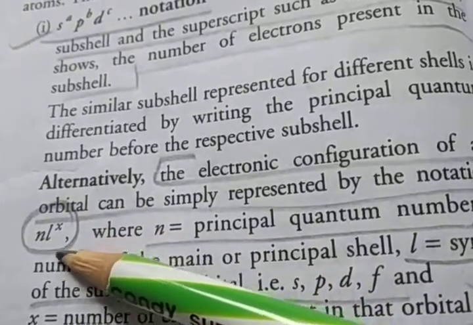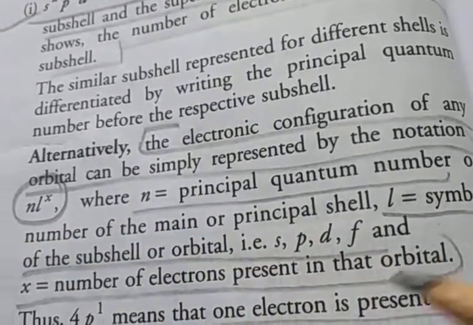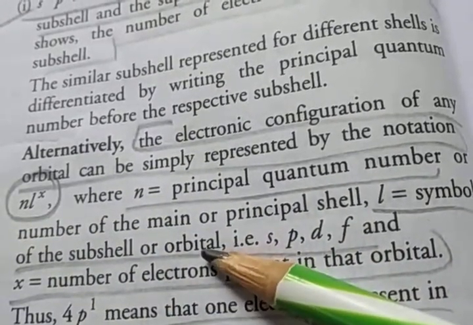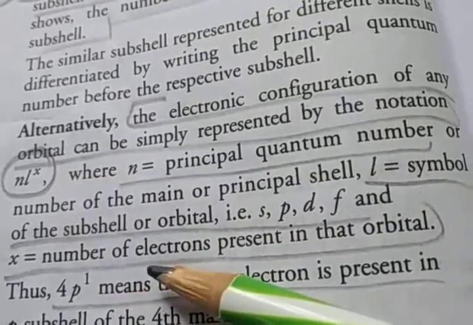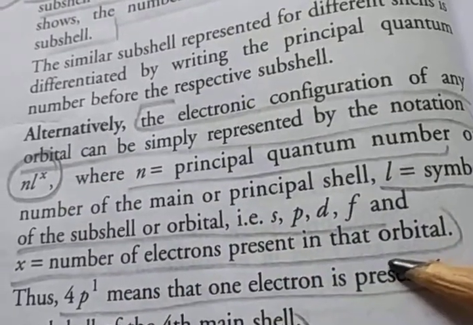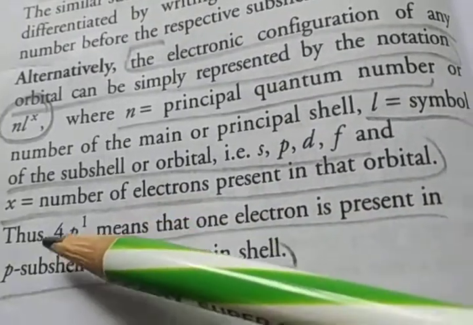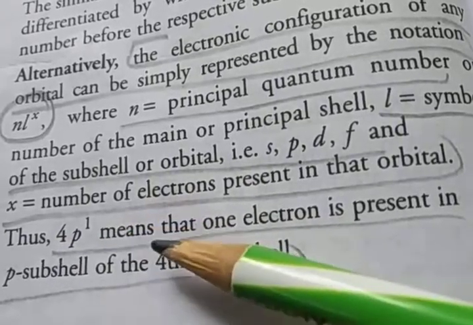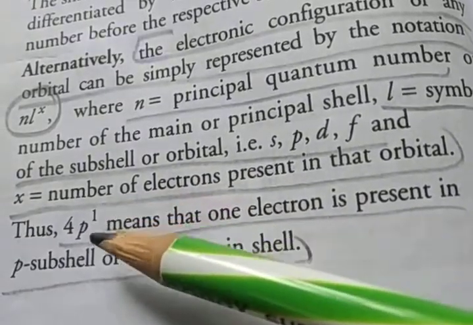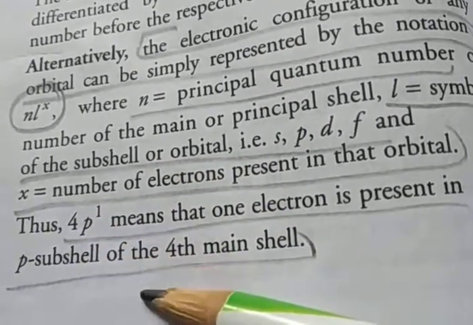Here n is the principal quantum number, l is the symbol of the subshell, and x as a superscript is the number of electrons present in that orbital. For example, 4p1 means that one electron is present in the p subshell of the fourth main shell.